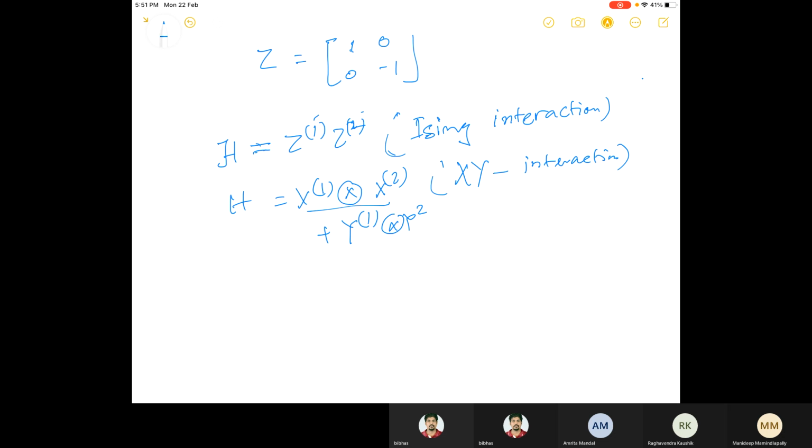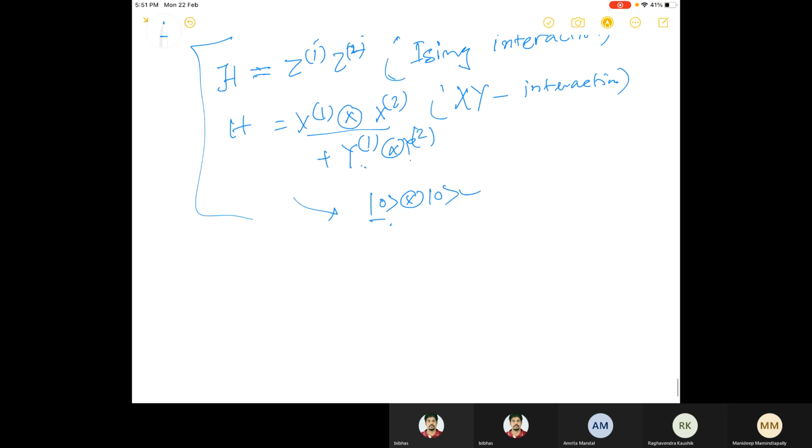Let's say you have the system 0, 0. If you apply the Hamiltonian on that, it will apply on the first 0 and then on the second. These Hamiltonians are interesting Hamiltonians which appear in practical life. So I just wanted to make a note of it.